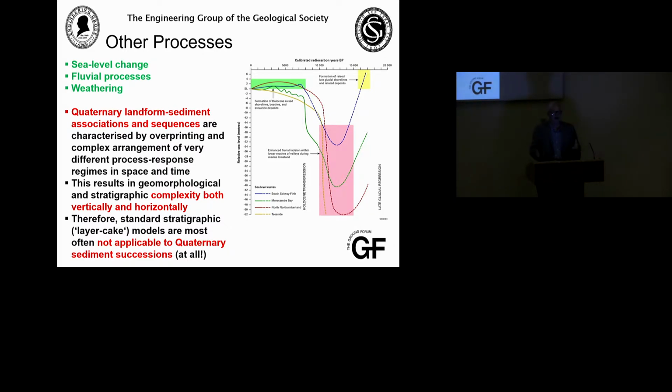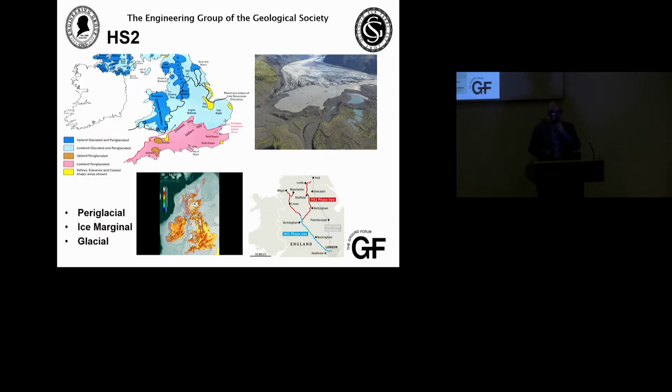We've got a very dynamic landscape over this very, very short period of geological time that we need to fully understand if we're going to start to develop these predictive models to understand this lateral and horizontal complexity, the legacy of these climatic conditions left within the terrain that we're potentially engineering in. So if we actually look at perhaps some of our big projects that are going on at the moment and seeing why this then becomes significant.